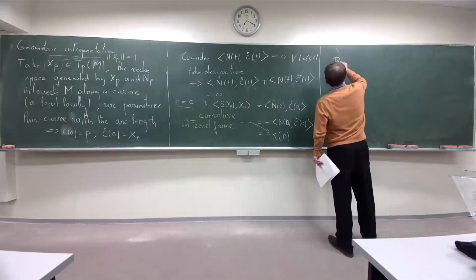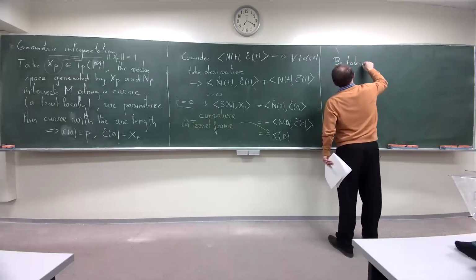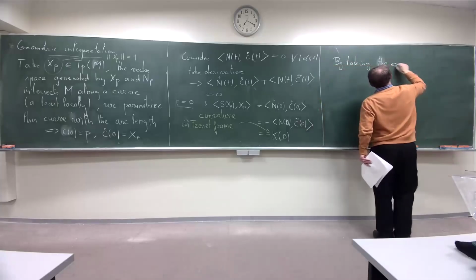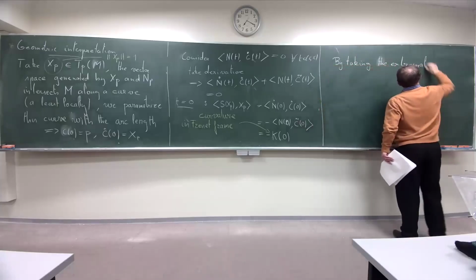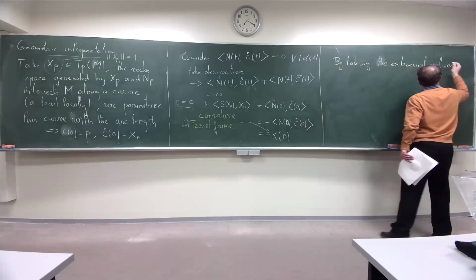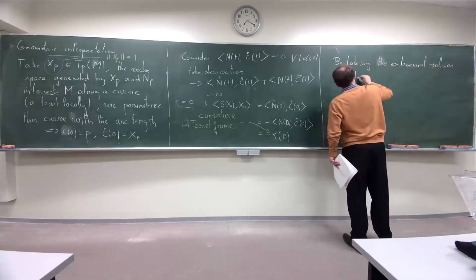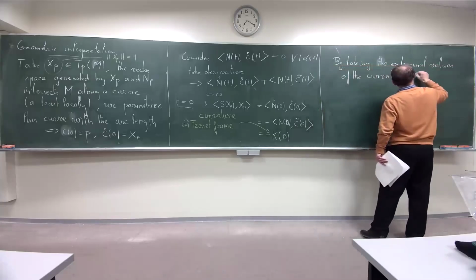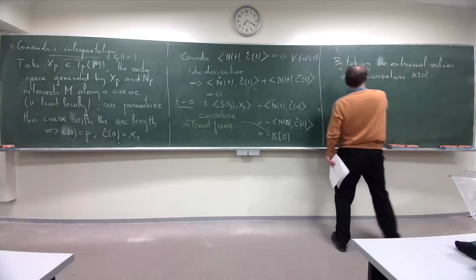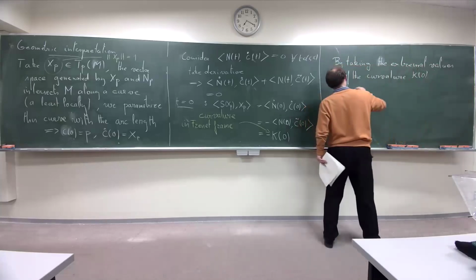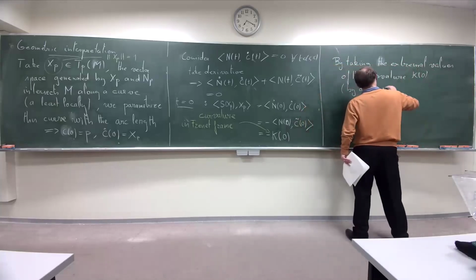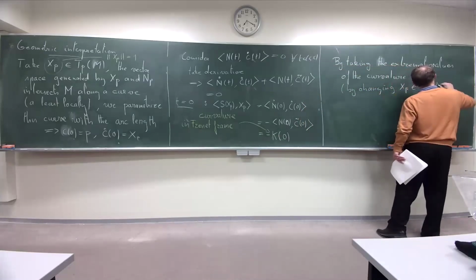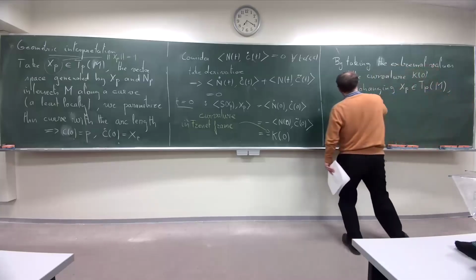So by taking the extremal values of the curvature, so this is k of 0. And how do I get this? I just change xp inside TpM, all of norm 1.